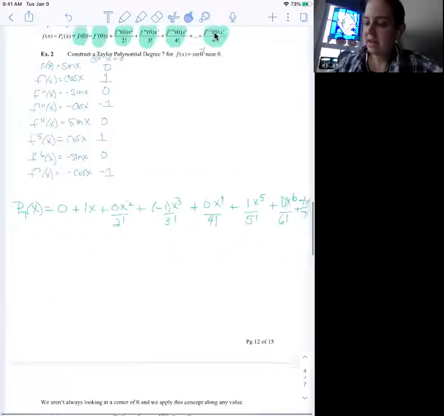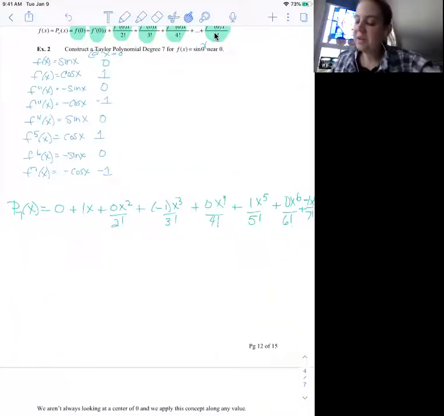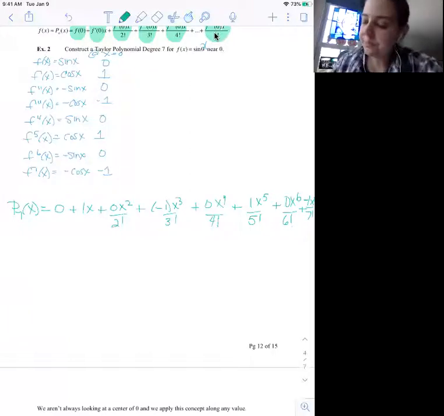So I know this looks crazy and I ran out of space across the page here, but here's the good news, we have a lot of zeros.